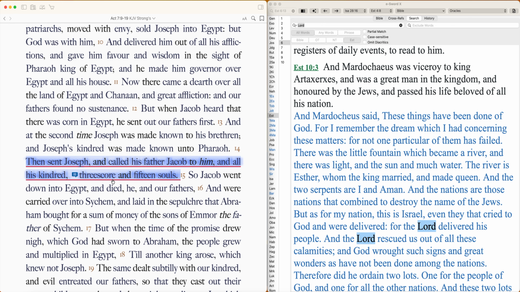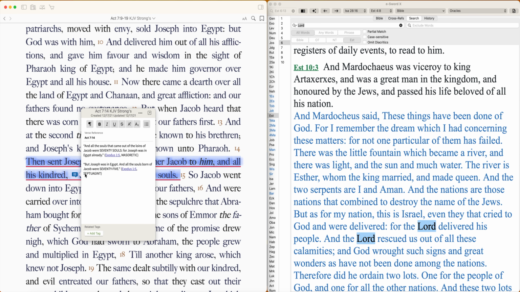He sent Joseph and called his father Jacob to him and all his kindred, 70 and 15 souls. 70, score is 20, 20, 40, 60, and then plus 15, 75. So here in Acts 7:14, it says that 75 people came out of Egypt.